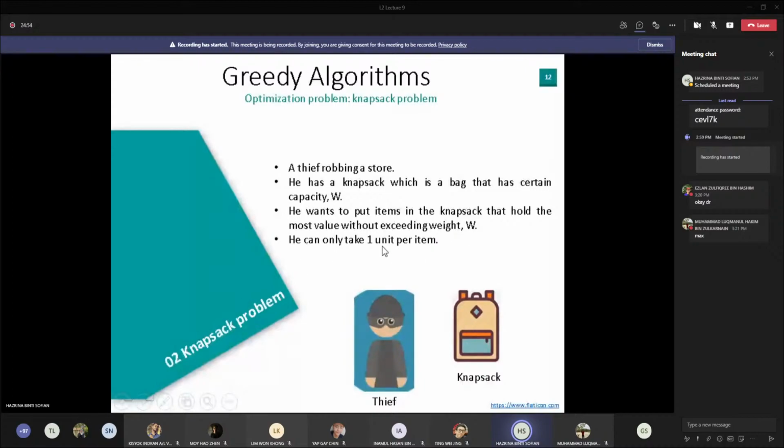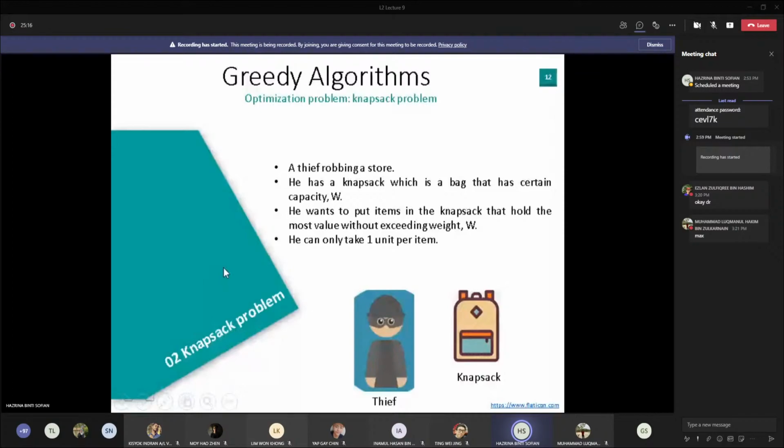And the rule here is he can only steal 1 unit per item. So let's say we have 3 different items. He cannot take item 1 for several units. It's only 1 unit per item.